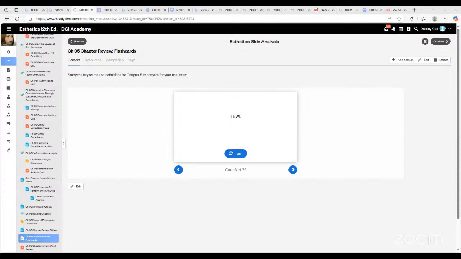Trans epidermal water loss. That's TEWL. Okay. Think about it. Trans epidermal water loss. All right. So epidermal, okay, that's the layer of the skin, water loss. Something that has lost water is not moist, but it's what?